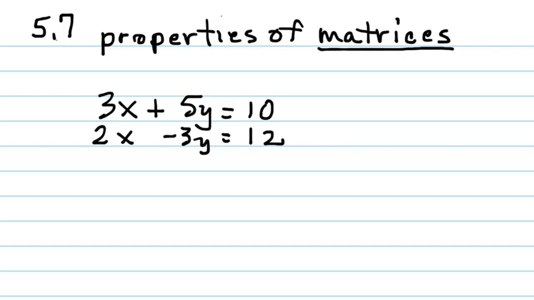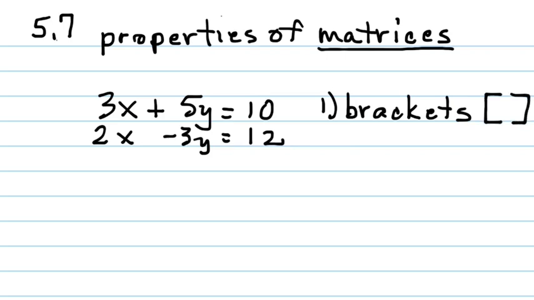The first thing is that the matrix is always going to be enclosed in brackets. Now, brackets are those types of parentheses that are square. So you're going to have square parentheses on either side, and that tells you that the thing you're working with is a matrix, if you have a bunch of things contained within those brackets.